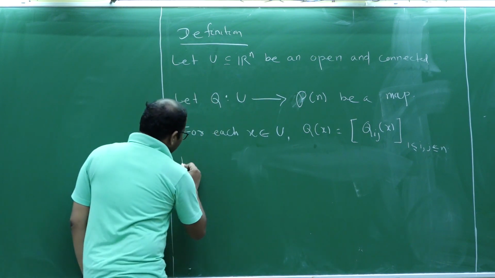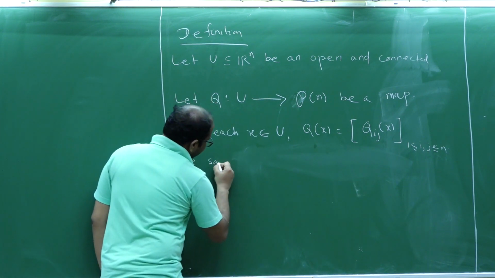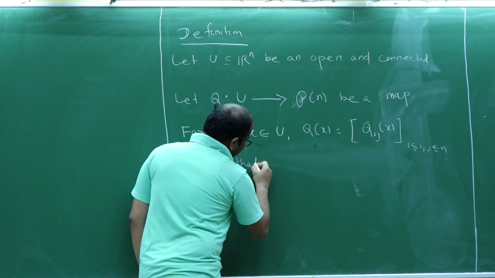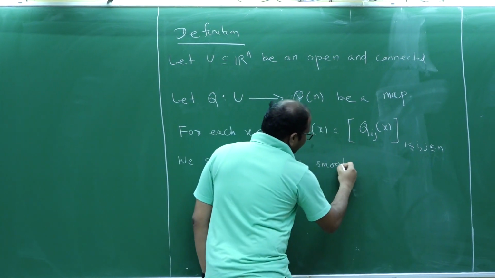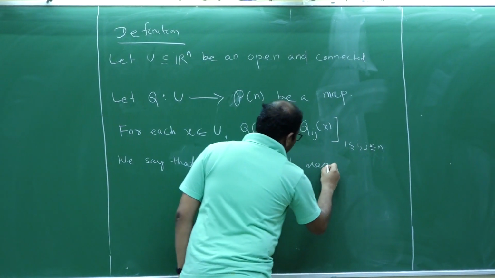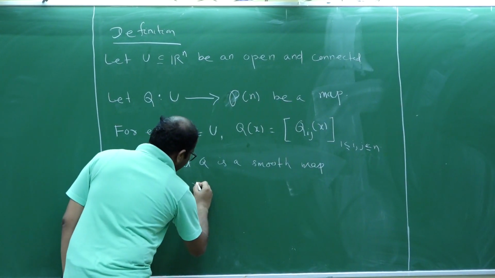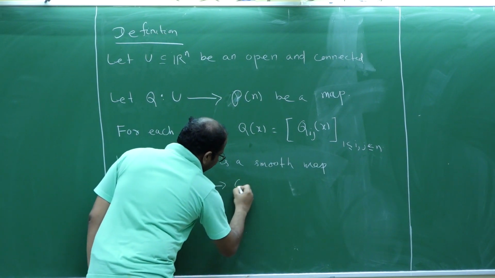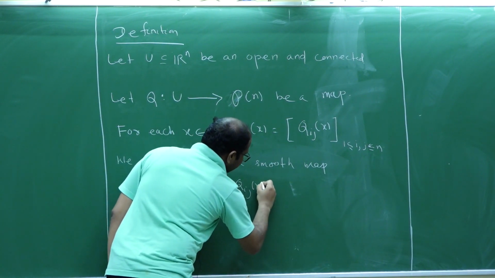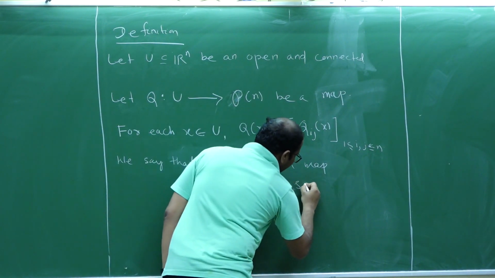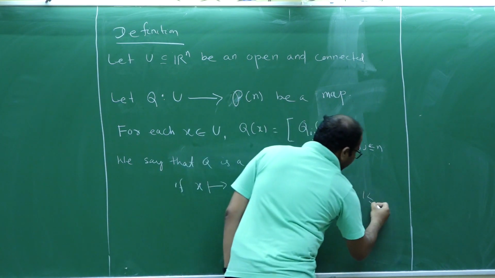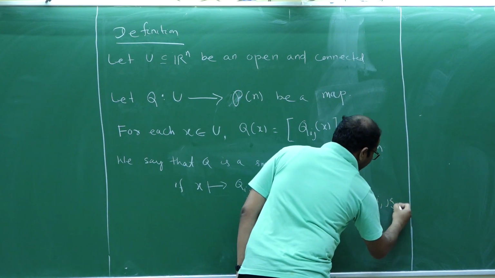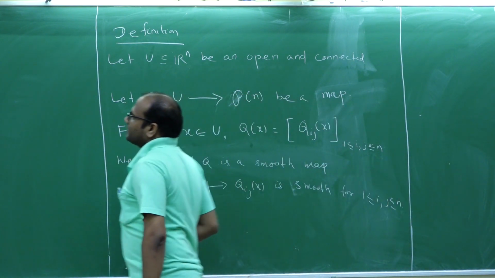We say that Q is a smooth map if each x going to Q i j of x is smooth, for 1 less than or equal to i, j less than or equal to n. So this is a definition.